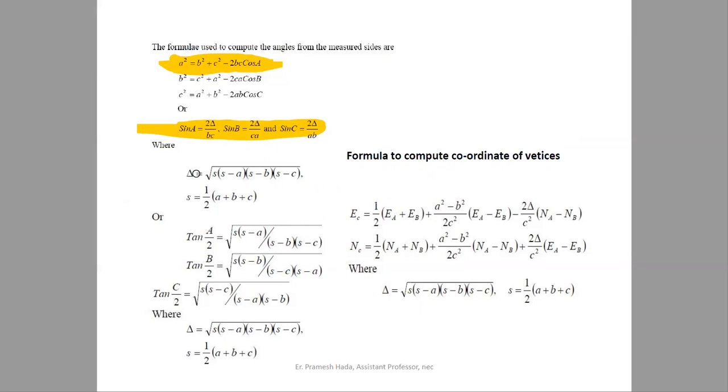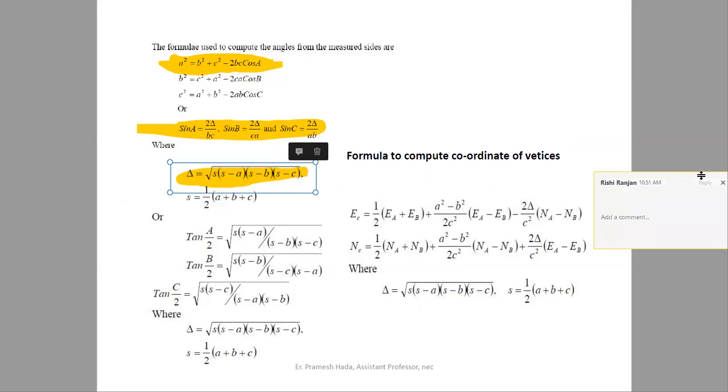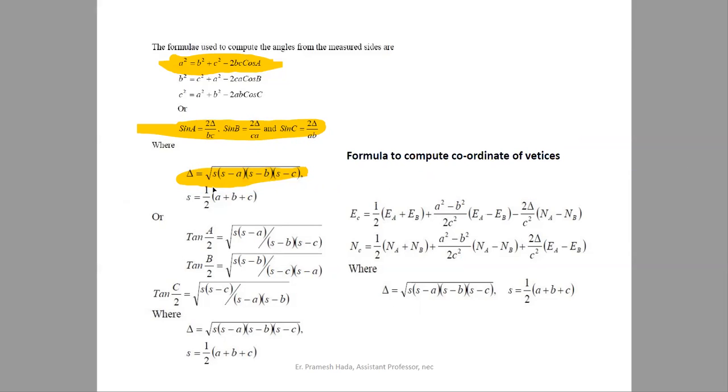What is this? This is Hero's formula. Why is it required? If we have the lengths of all three sides of a triangle, then we can find the area of that triangle using this formula, where S is the semi-perimeter and a, b and c are the lengths of the sides.